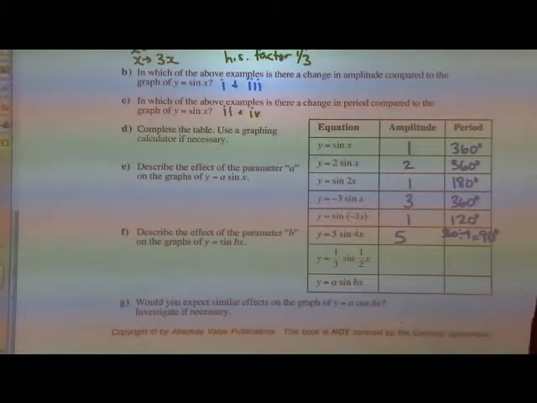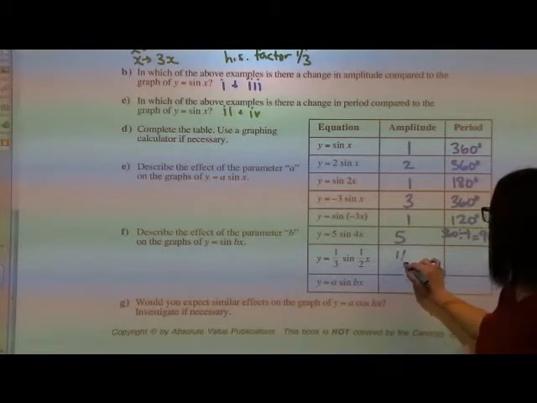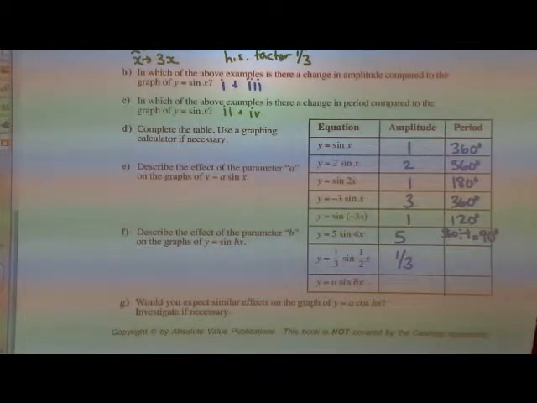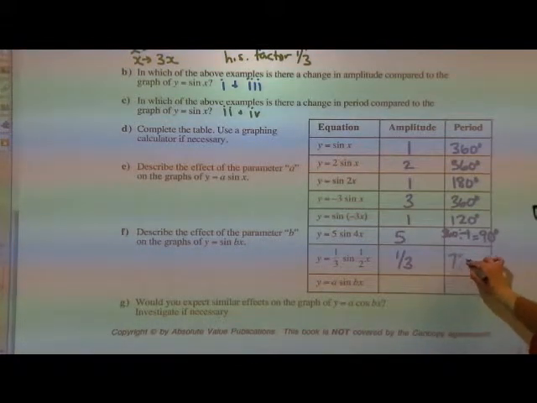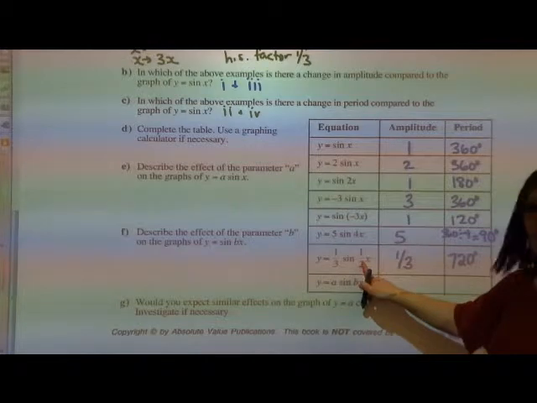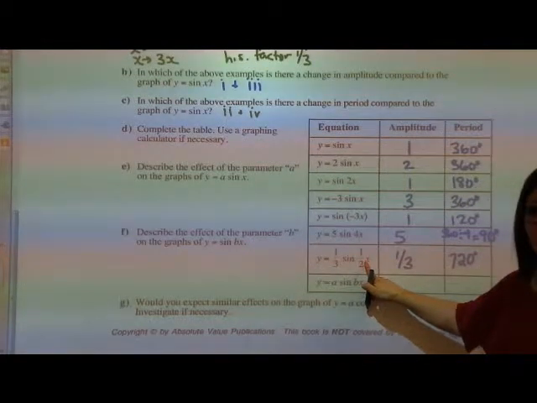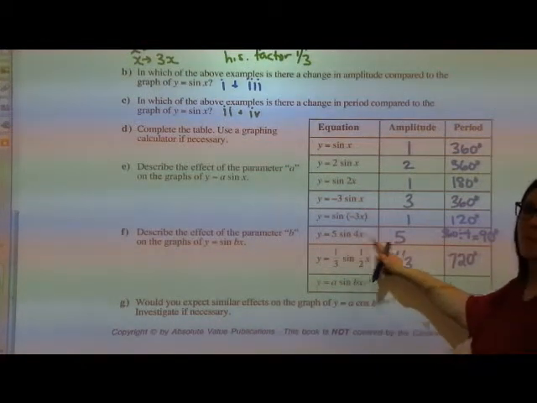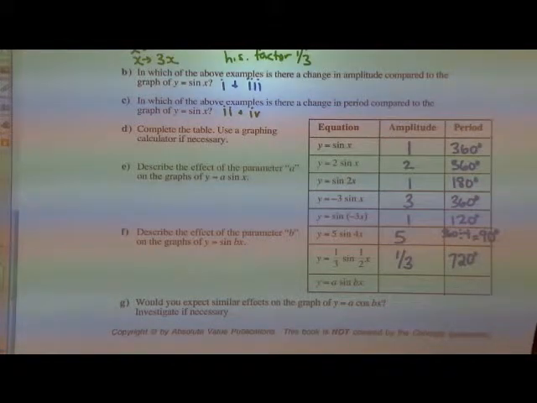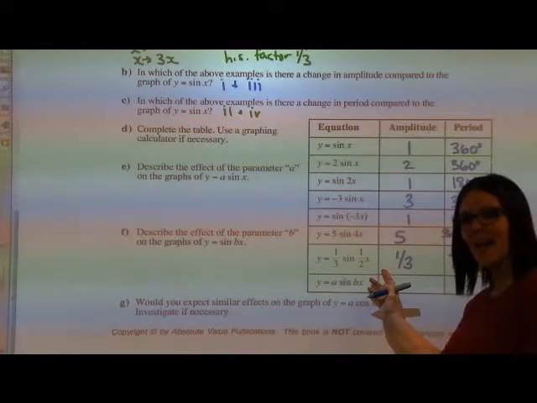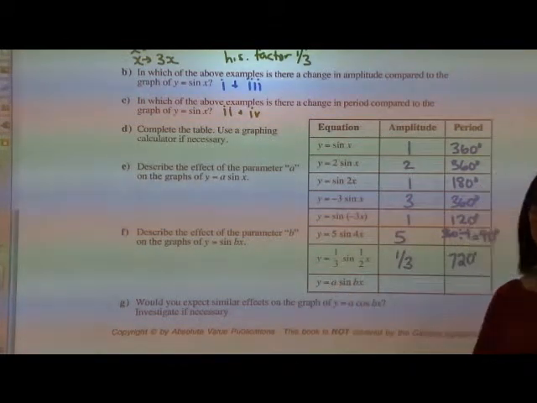So then my amplitude for the last one, 1/3 sine 1/2 x. 1/3 is the amplitude. And what is the period? 720 degrees. Because my replacement is 1/2, which gives me a factor of 2.